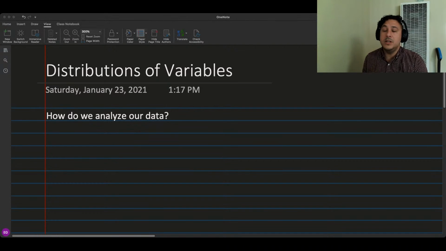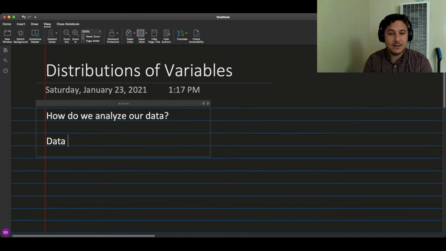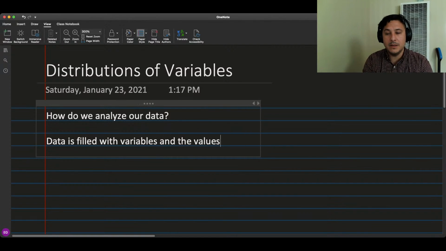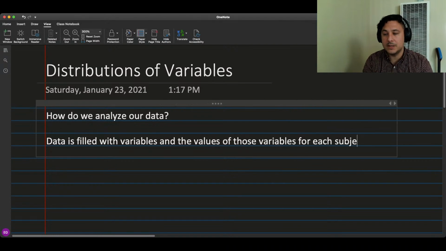Okay, so what we're going to do first is we have our data, and the data is filled with variables and the values of those variables for each subject.